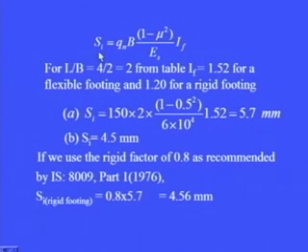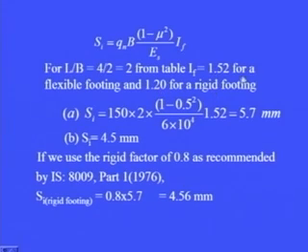So, we know that this Si is given by qn B (1 minus mu square) upon Es into If. Now, here qn is given, B is given, mu is also given, Es is given, only thing is we will have to select a value of If. So, for L by B ratio of 2, from the table which I have shown earlier, we can find out that this If is 1.52 for a flexible footing and 1.2 for a rigid footing.